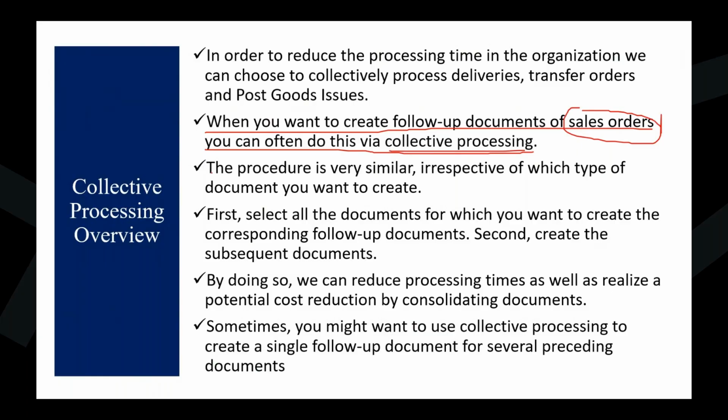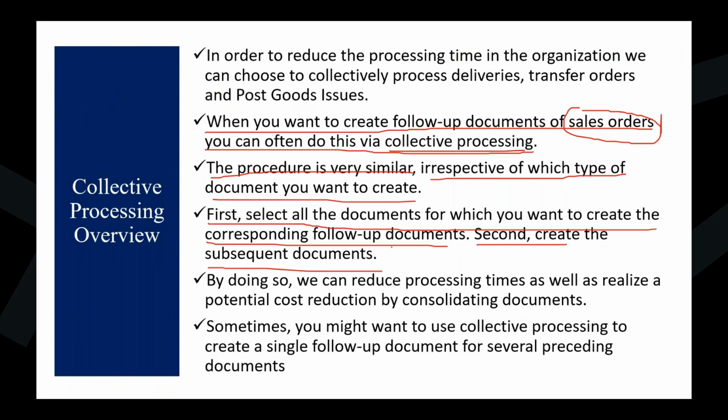The procedure is very similar irrespective of which type of document you want to create. First you select all the documents for which you want to create the corresponding follow-up documents. Second, you create the subsequent documents.